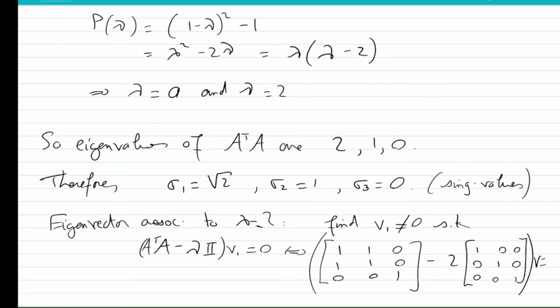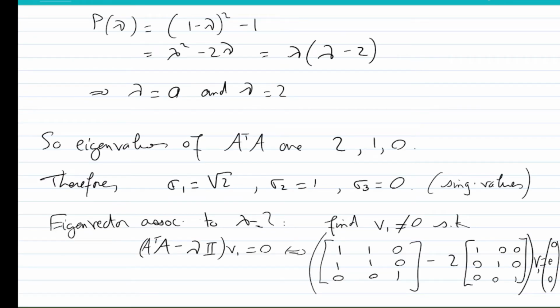This times V1 equals 0, 0, 0. Sorry, I'm getting to the end of the page. Okay, so let's compute what that is. So this is 1 minus 2, which is minus 1. The second entry doesn't change, and the third entry was a 0. 1 and 1 minus 2 is again minus 1.